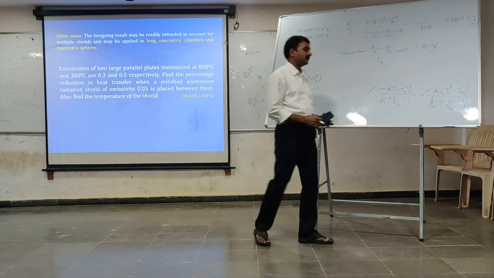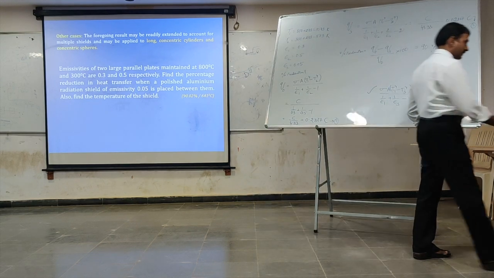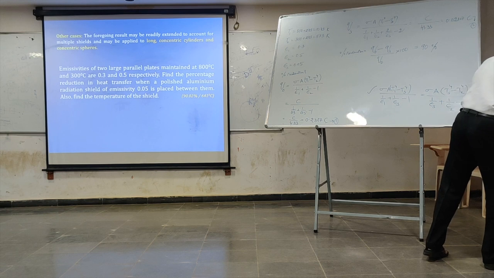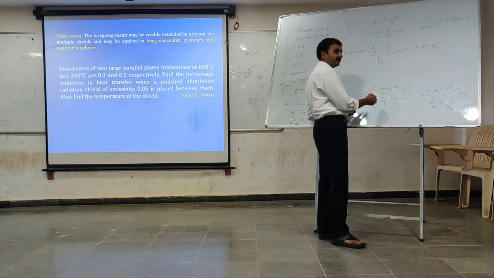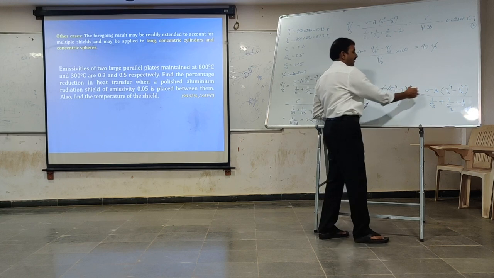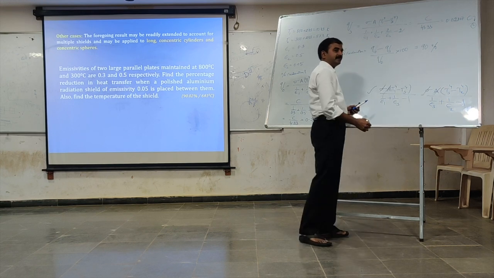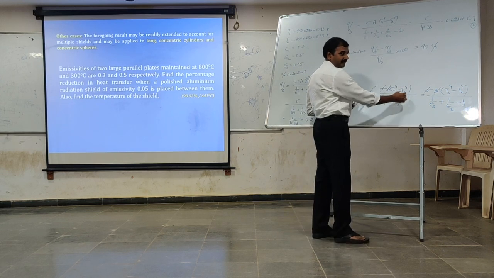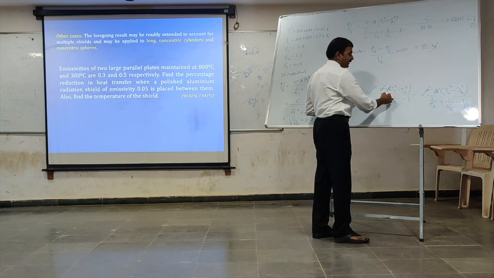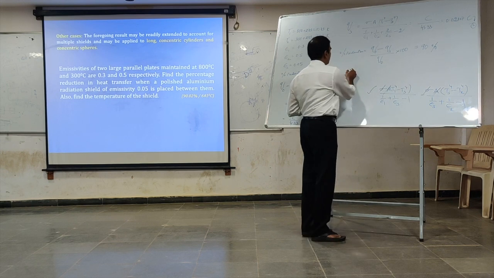So try to optimize your calculations. When you do this, the next step is obviously you eliminate the common terms. Sigma into A is common. Right? You find this denominator.